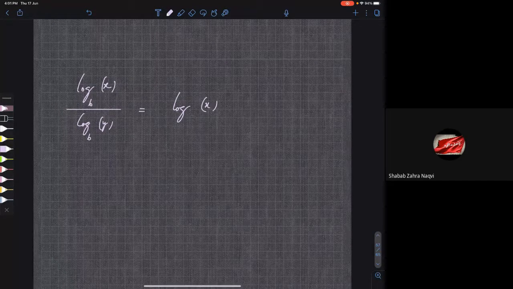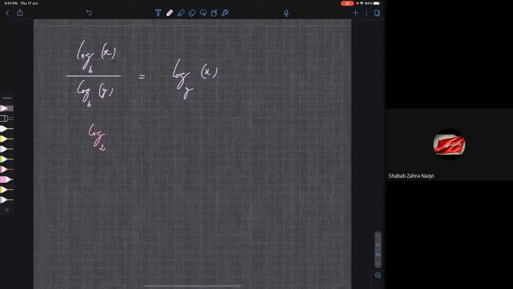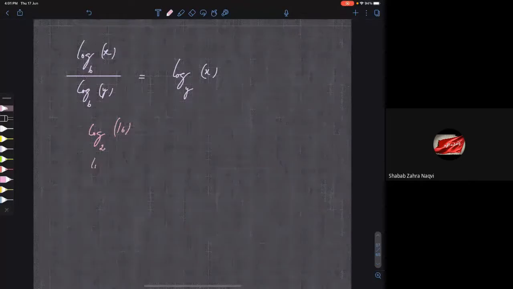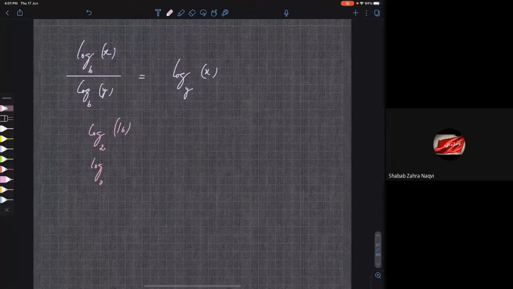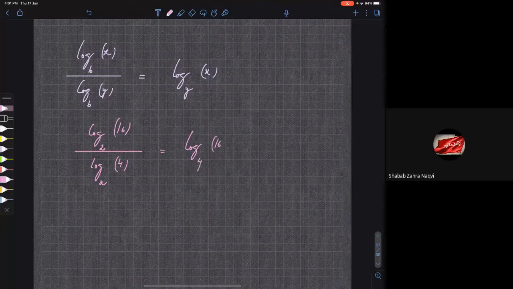Clear? For example, log of 16 to the base 2 divided by log of 4 to the base 2 will be log of 16 to the base 4.